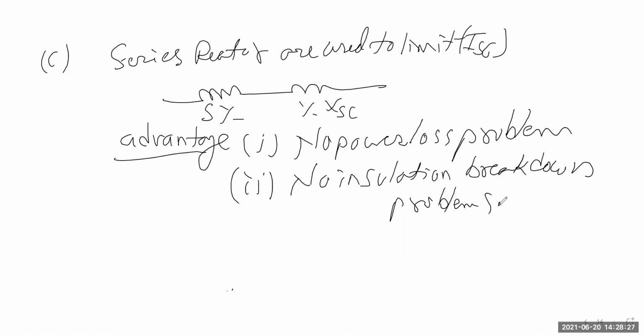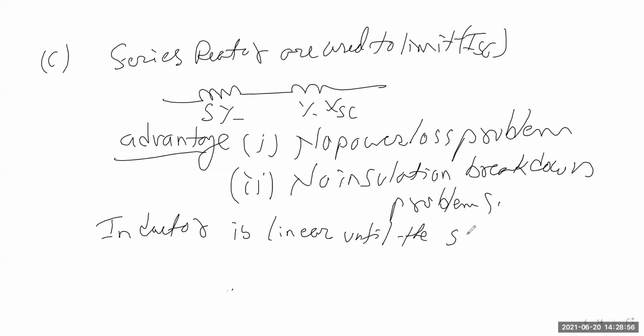Now why, so we'll see. First is the inductor. We know an inductor is linear until the saturation.